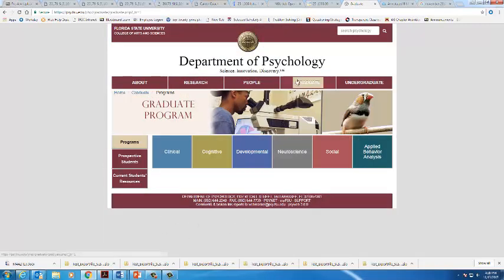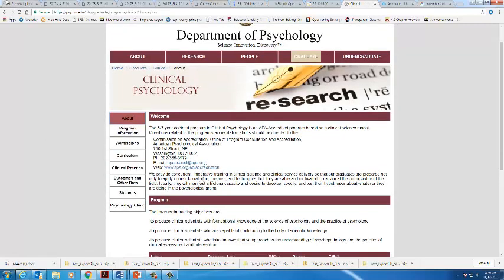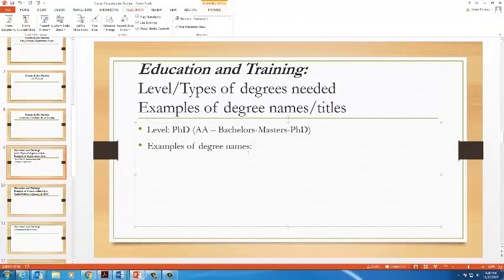When I click on the graduate, I can see that there are these different specializations and program areas. So this might be something interesting for me to include in this section. So I could include a bachelor's in psychology, or it could be a PhD in clinical.